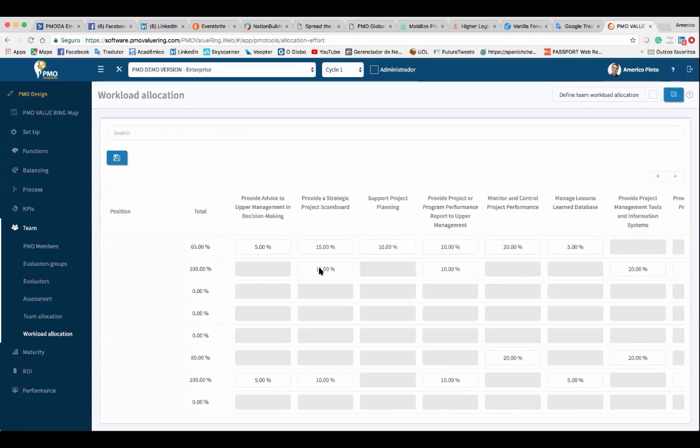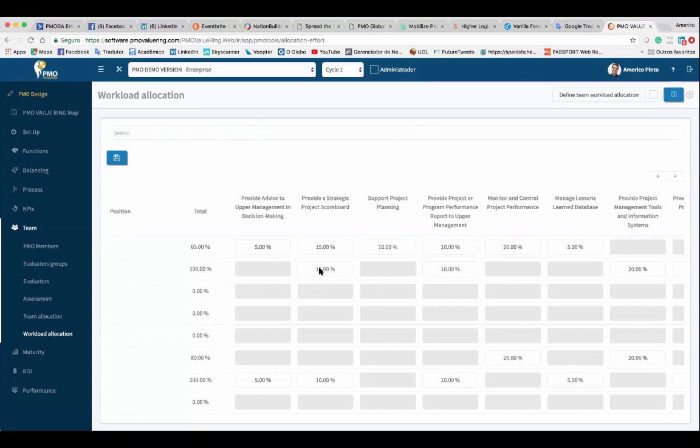So when you assign Maria to provide the strategic project scoreboard, you have to think, oh, let me see, Maria will work on this activity, like preparing this scoreboard, every day, you know, during the morning, maybe 2 hours, or maybe in the last 2 days of the month. So if it's in the last 2 days of the month, it means 8 hours one day, 8 hours other day.